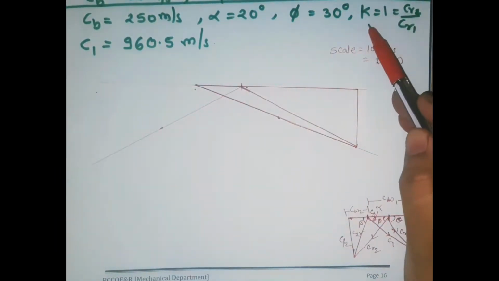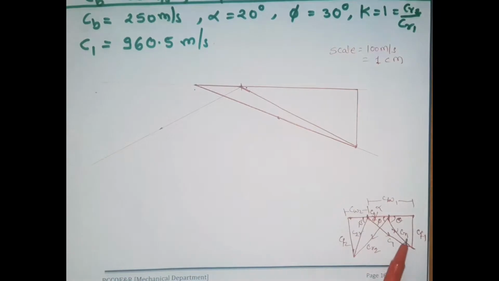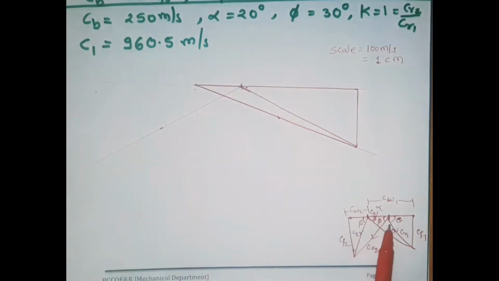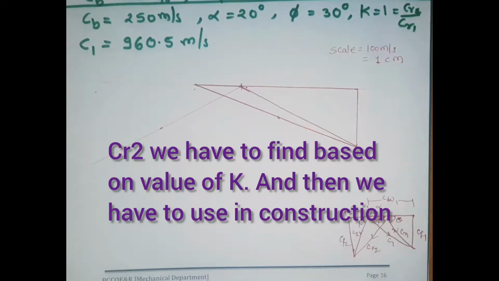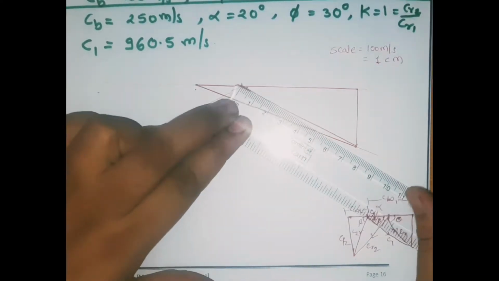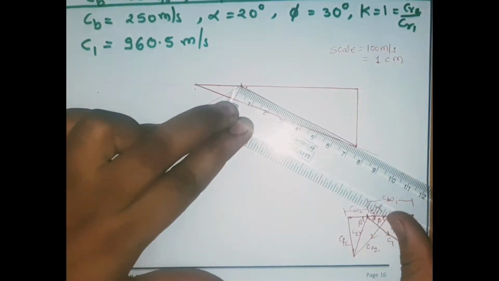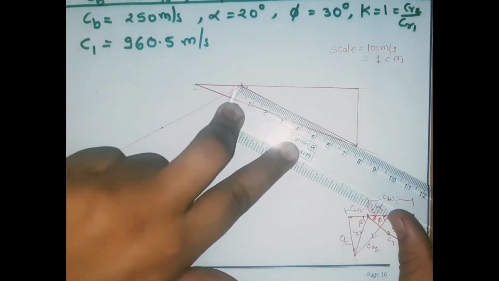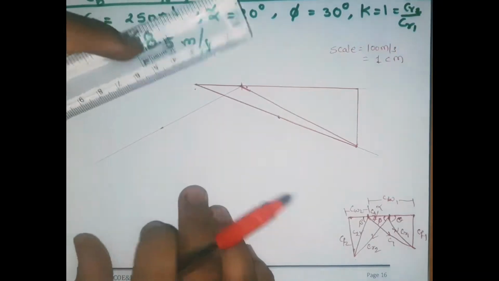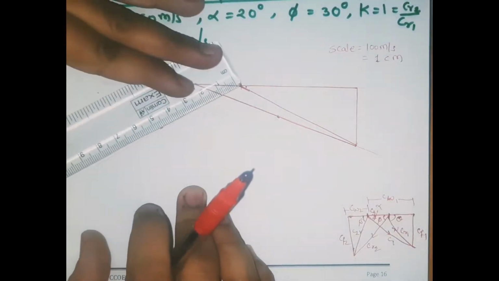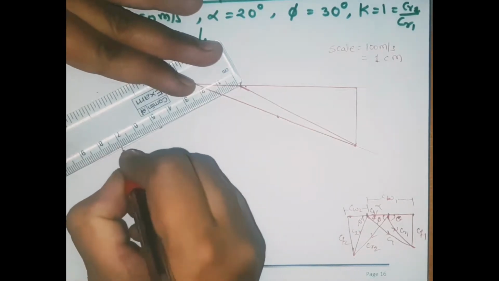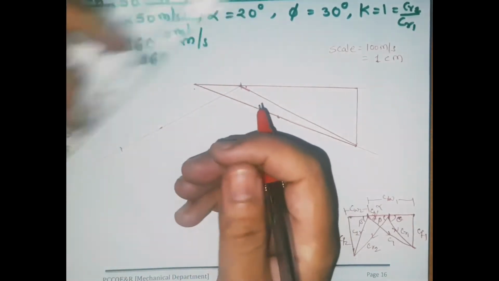Now as K is equal to 1, that means CR1 will be equal to CR2. So let's measure this CR1 and mark it on the phi. So here we can see CR1 is 7.3. So let's mark CR1 as 7.3.